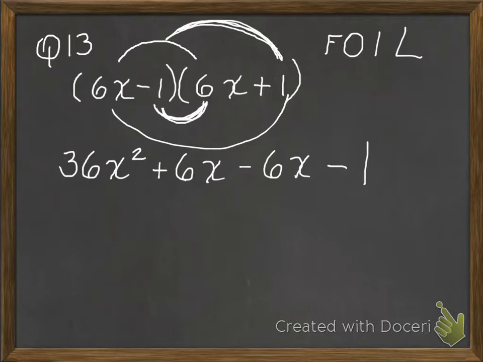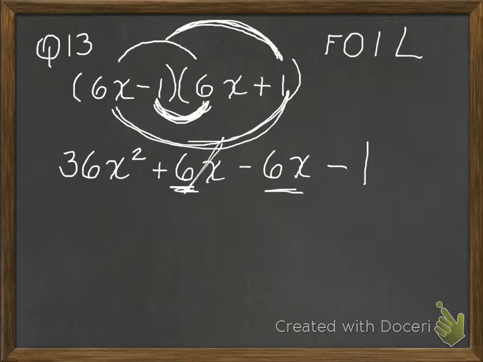Okay, now you can see here, this is actually a special product where we have both sets of parentheses looking exactly the same, except the sign on the second terms are different. So what happens is these two middle terms here end up having opposite signs because the outer is positive 6x and the inner product is negative 6x because of these opposite signs here.